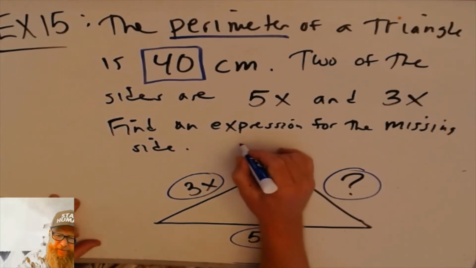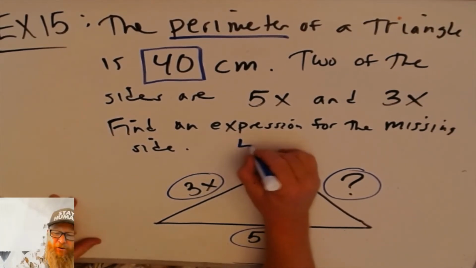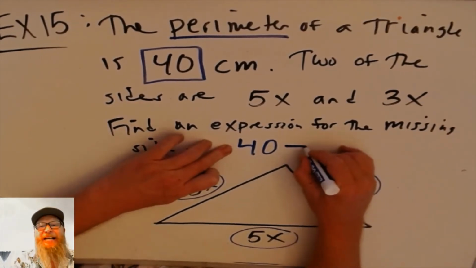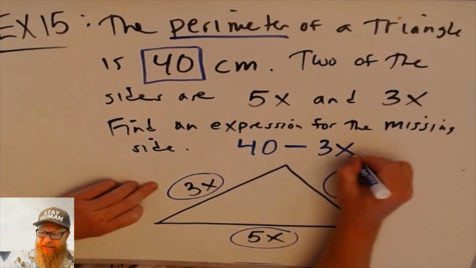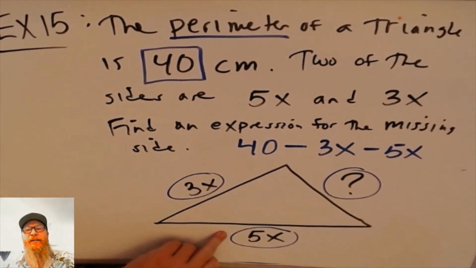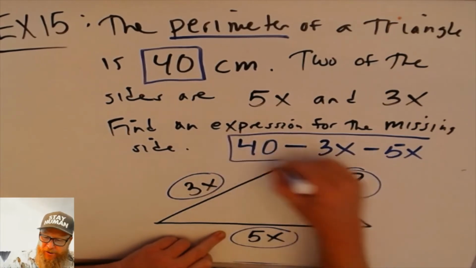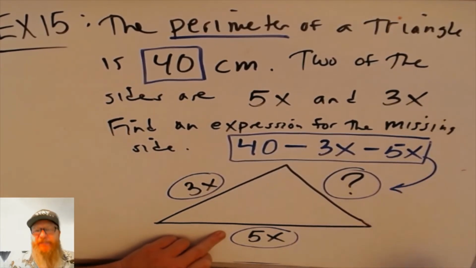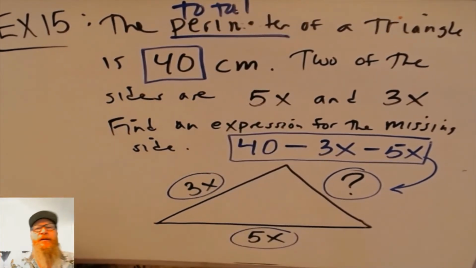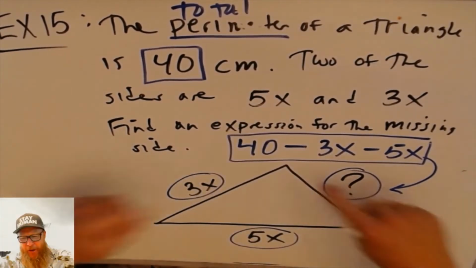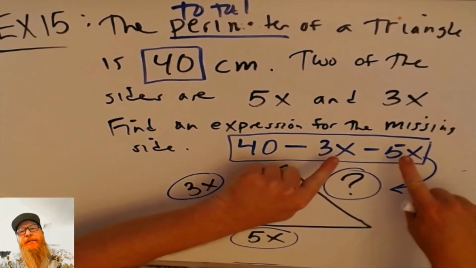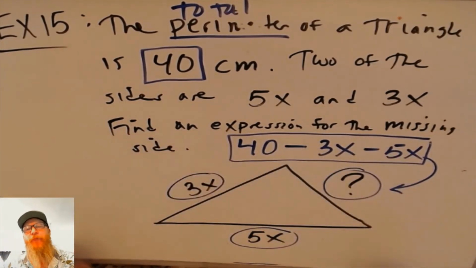So you'd have the total is 40 minus the 3x minus the 5x, and this expression would give you the missing side. The perimeter is the total. So if you take the total is 40, and you subtract both of these sides, that would be your expression.